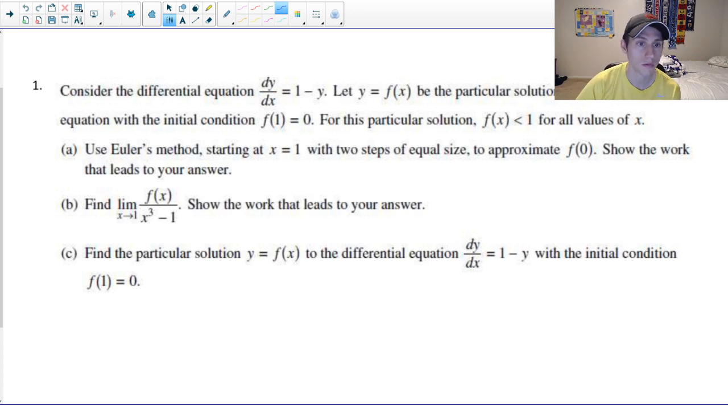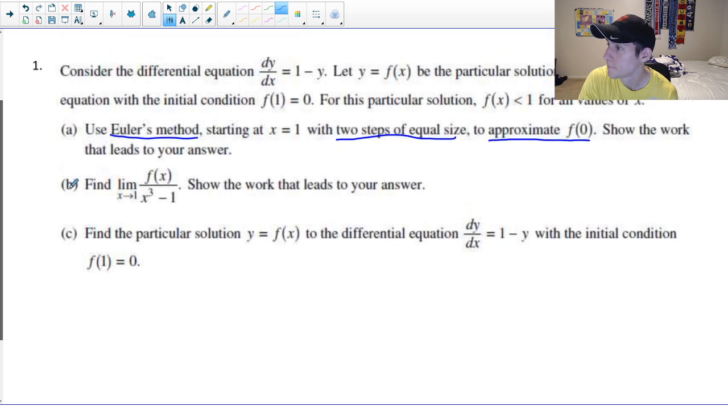Okay, so some good stuff to know. Let's look at part A. Part A first says use Euler's method starting at x equals 1. First off, I have to remember what Euler's method is, so I'm already freaking out. Starting at x equals 1 with 2 steps of equal size to approximate f of 0. Show the work that leads to your answer.